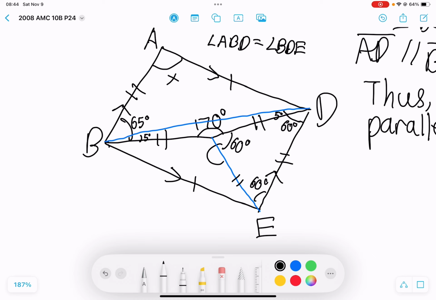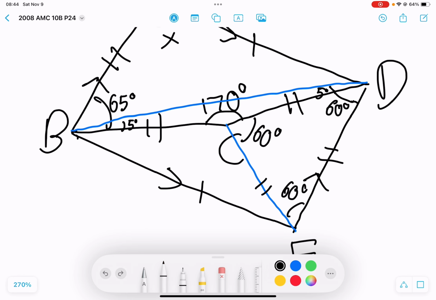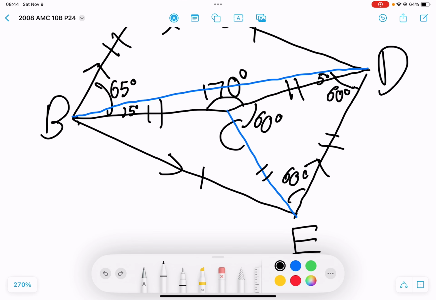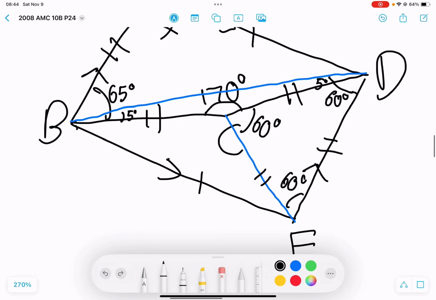Right now, we also know that BC equals CE because it's also labeled on the graph by us. So the two base angles are again equal to each other.